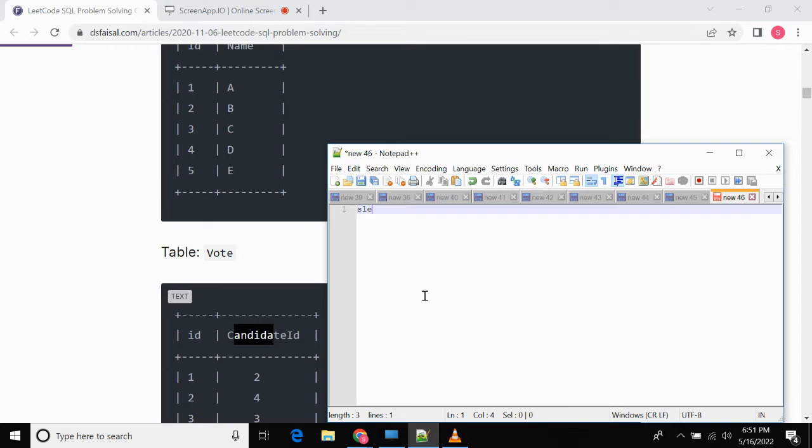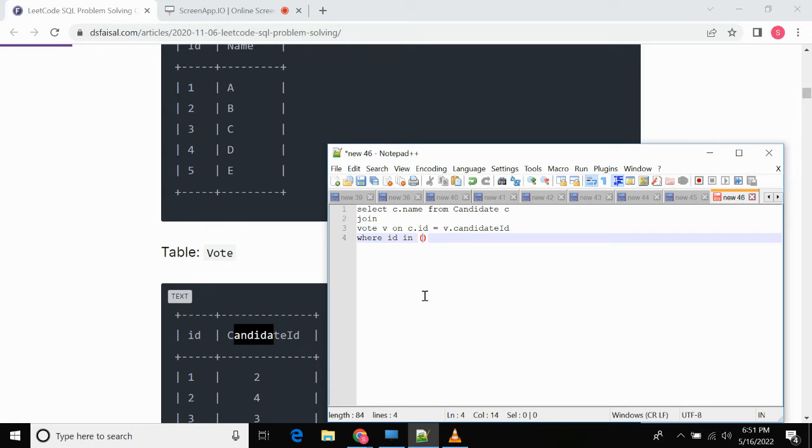So selecting it from candidate C. We just have to populate the name as an output, and then join vote. Let's take this an alias V. As I said, we take ID from the first table and then candidate ID from the second table, where ID in.